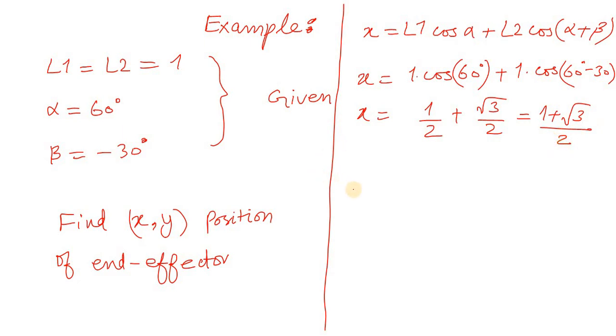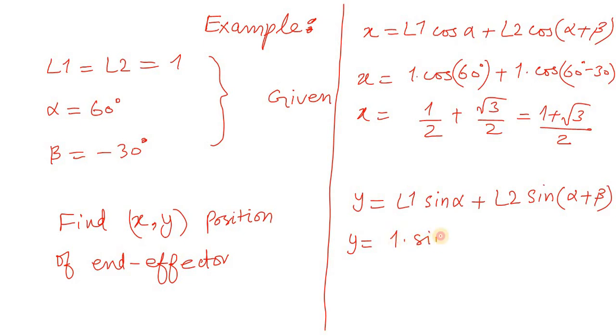And similarly we can find y, which is L1 sine of alpha plus L2 sine of alpha plus beta. Y is equal to 1 dot sine of 60 degrees plus 1 dot sine of 60 minus 30.